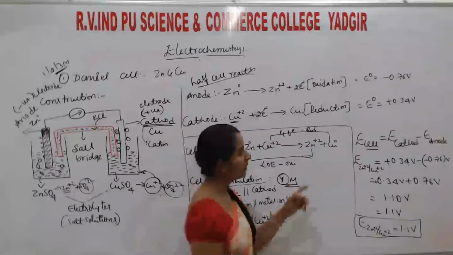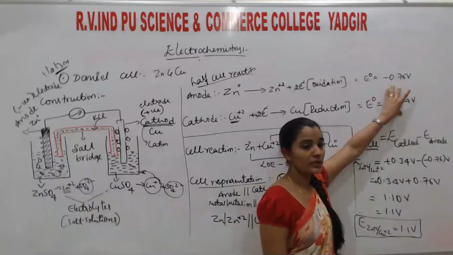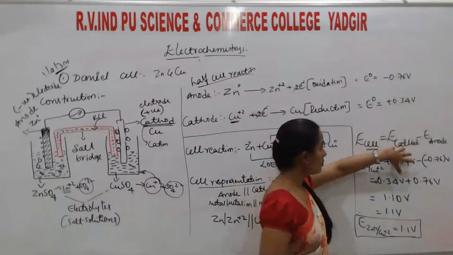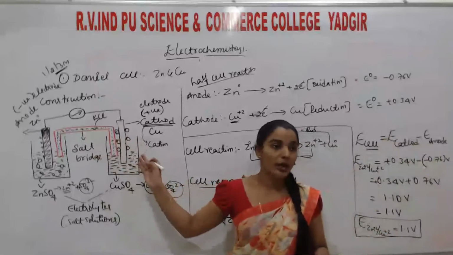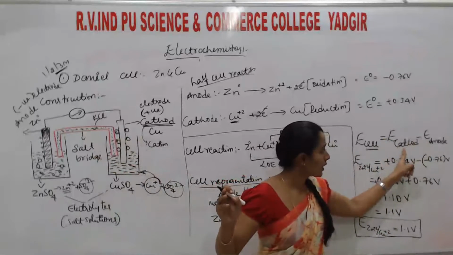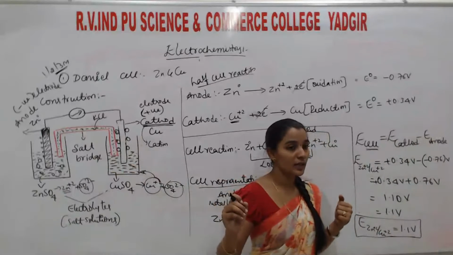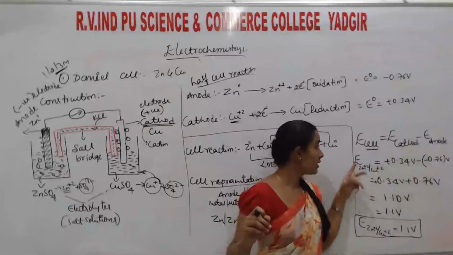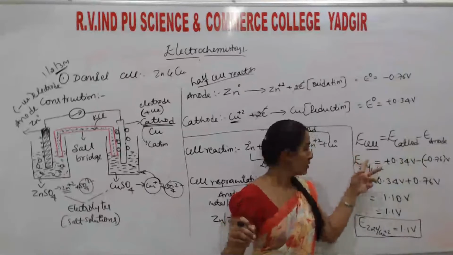Next, electrode potential: the potential which is developed by a metal and a salt solution. So this is EMF, the potential difference between cathode and anode. The difference between the cathode and anode is called electromotive force.